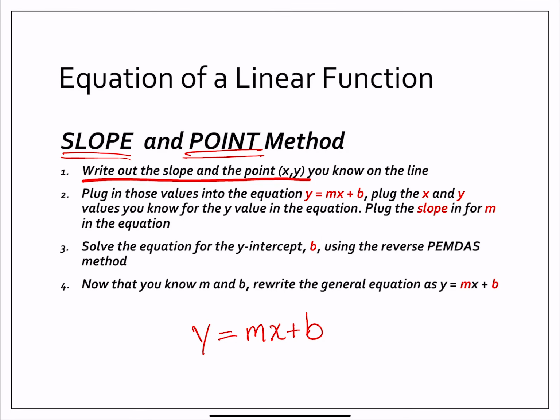Step 2 says plug those values into the equation y equals mx plus b. Plug in the x or y value that you know in the equation. And then plug the slope in for m in the equation.